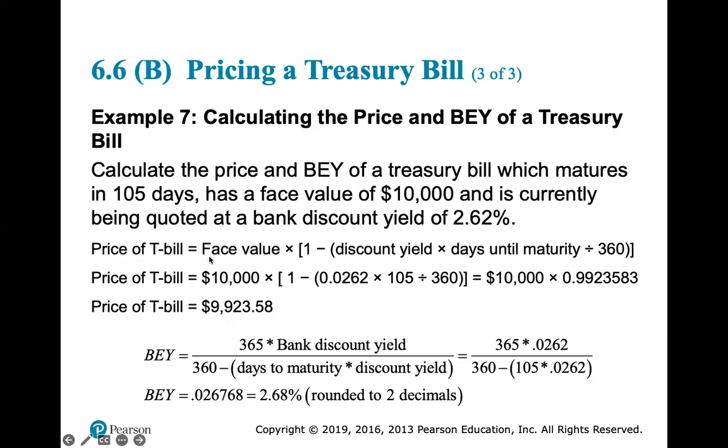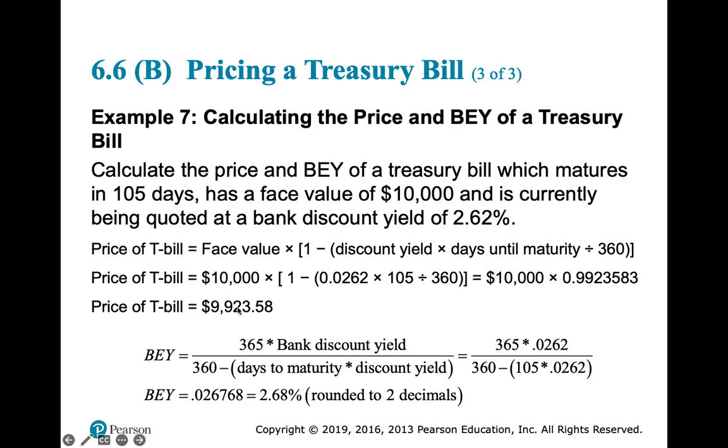First, you calculate the price of the T-bill, where the face value is given, multiplied by 1 minus the discount yield multiplied by days until maturity and divided by 360. You just get the numbers and plug them into the formula. You get the price of the T-bill equal to 9,923. So this is the price, the maximum you are willing to pay to buy a certain treasury bill.